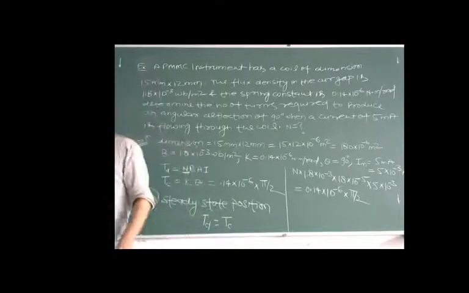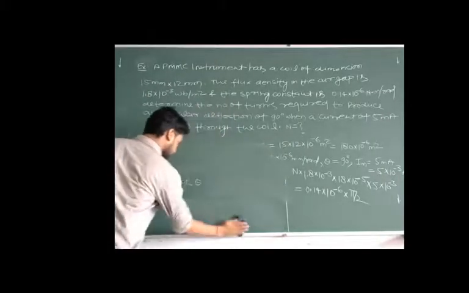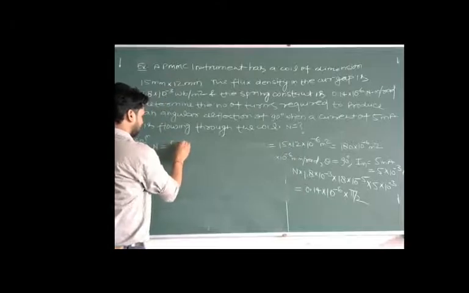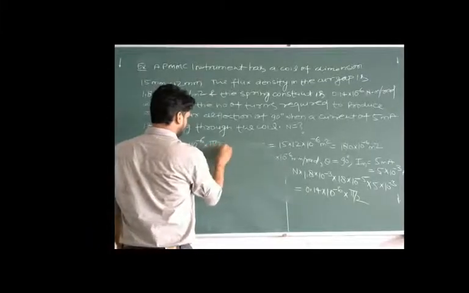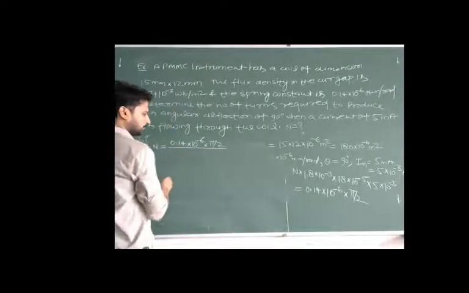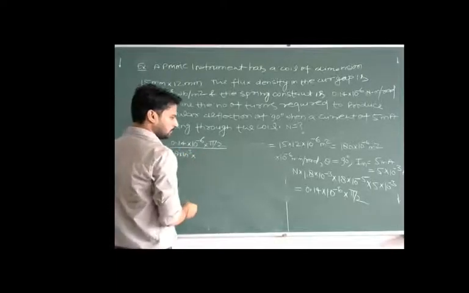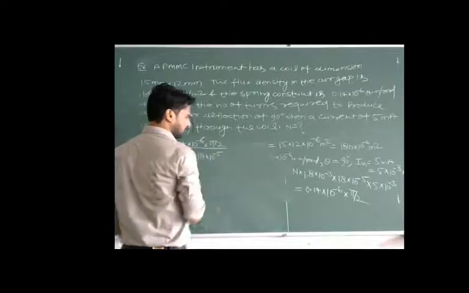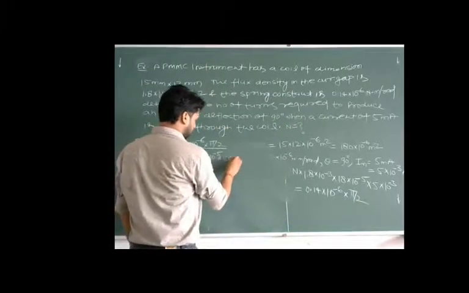By using this relation, we can calculate the value of n as n is equal to 0.14 into 10 power minus 6 into pi by 2 upon 1.8 into 10 power minus 3 into 18 into 10 power minus 5 into 5 into 10 power minus 3.